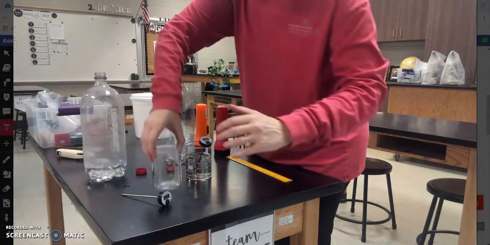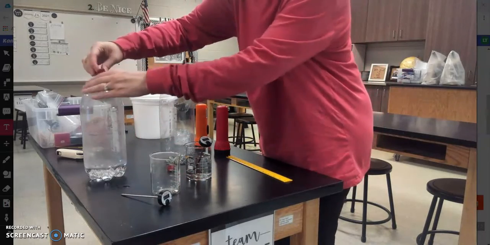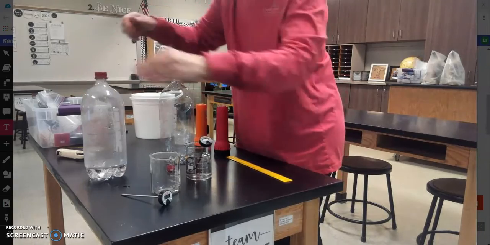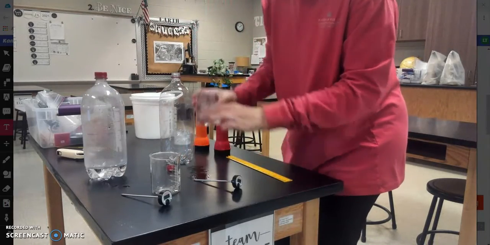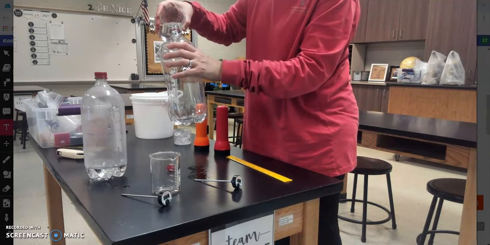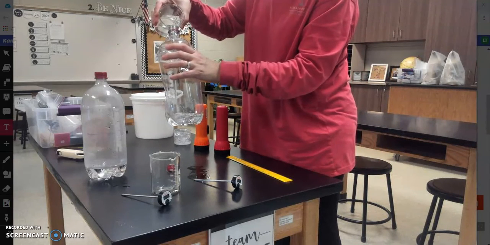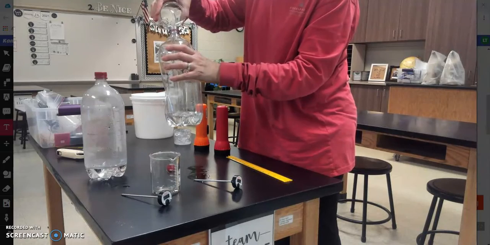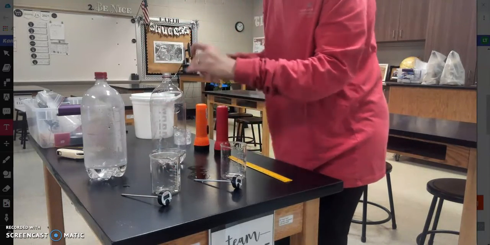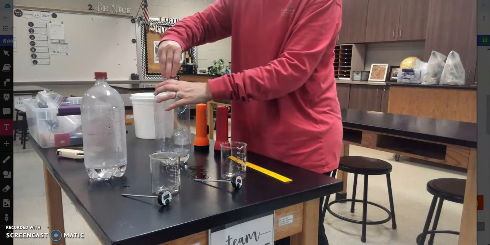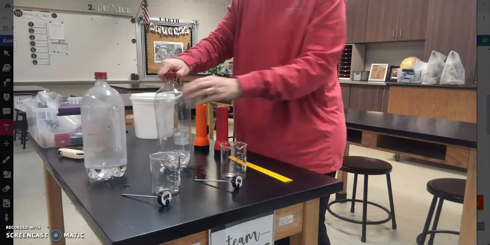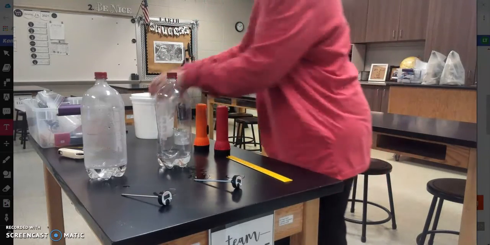We should start to have some fairly immediate results. Then I'm going to take the cold water and put it in this bottle. Now we need to start making some observations.